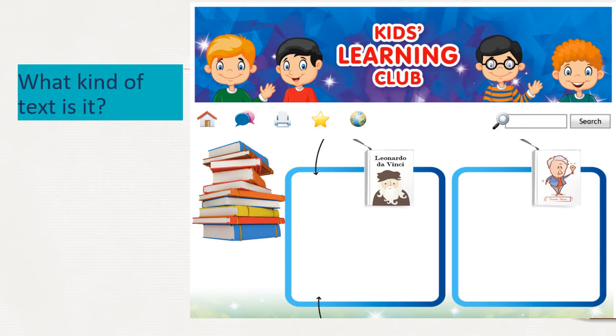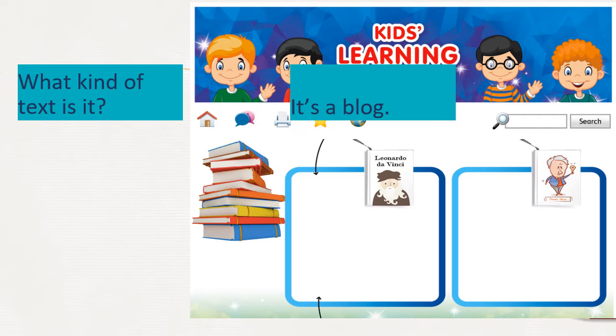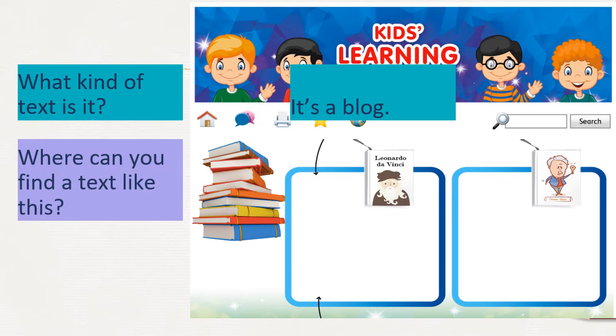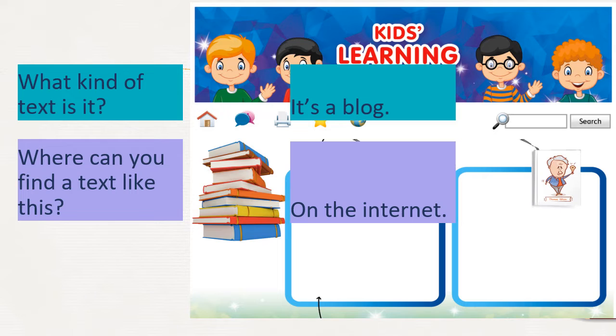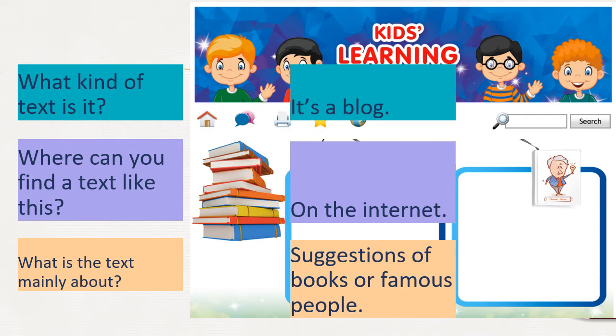So, what kind of text is it? It's a blog. Yes, this is a new text for you. It's a blog. Where can you find a text like this? It's easy and simple, of course, on the internet. What is the text mainly about? It's about books or famous people. Suggestions for famous people or books.